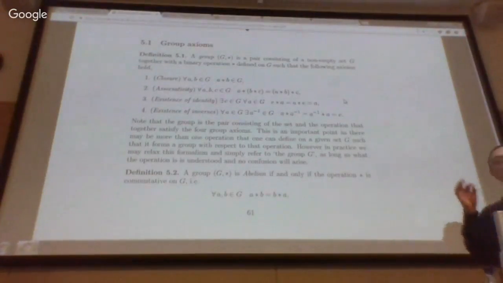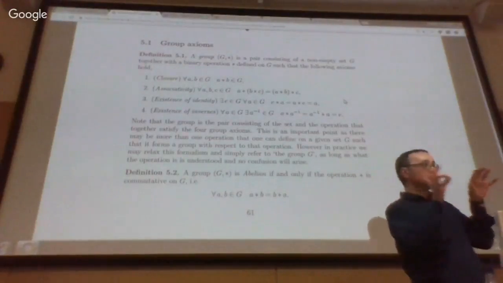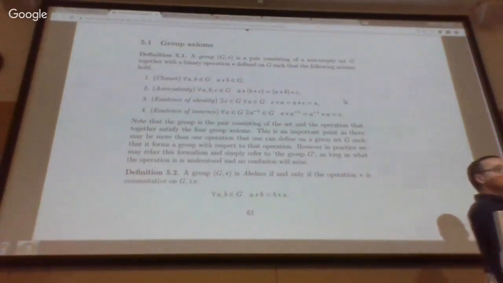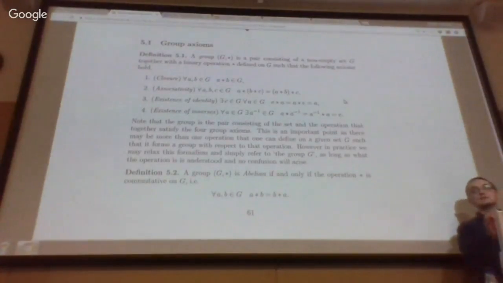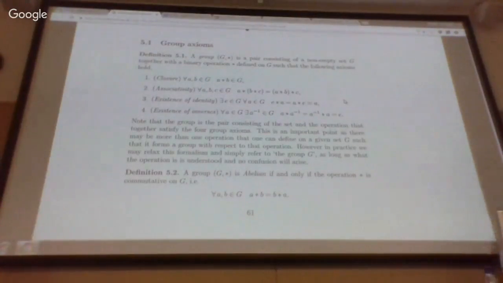In the same way, if you have two matrices whose dimensions are compatible, or two square matrices of the same size, you can multiply them. It's a very meaningful operation. It corresponds to the composition of the linear transformation represented by those matrices. But that again is an example of a binary operation, taking two objects and combining them together to give a third object of the same type.